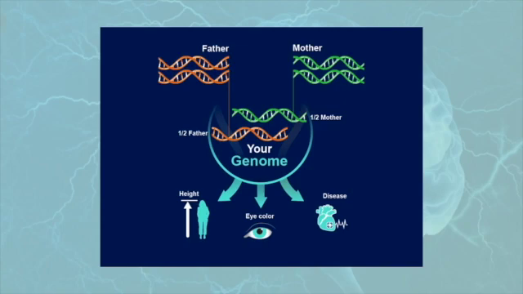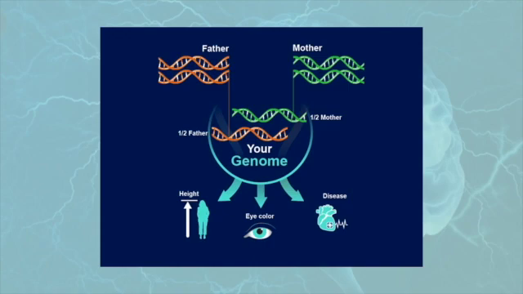When an egg is fertilized by a sperm, 1 chromosome from the mother pairs with another one from the father. If the genes that affect a certain trait, let's say the color of the eyes, are different in the parents, for example, if the chromosome from the father is for blue eyes and the chromosome from the mother is for brown eyes, then the brown eyes gene is going to prevail in the child.